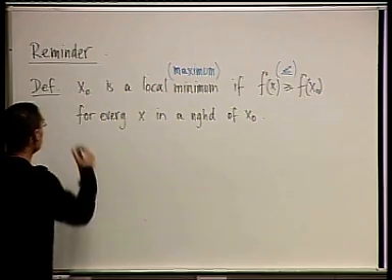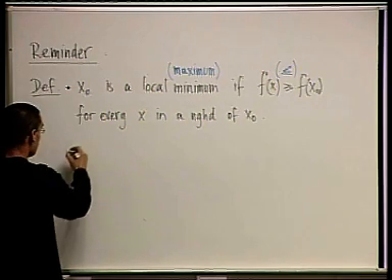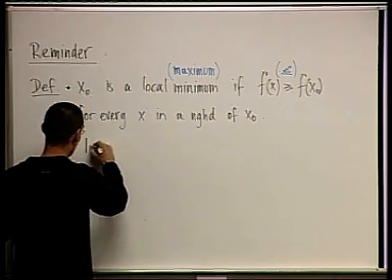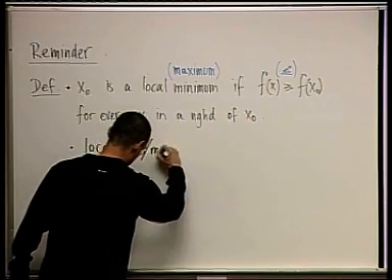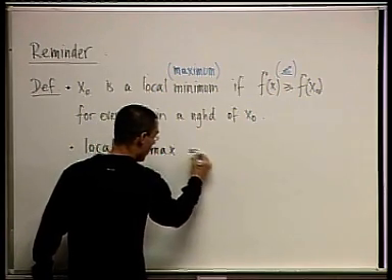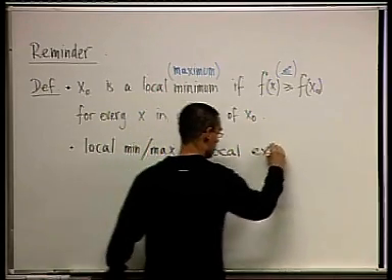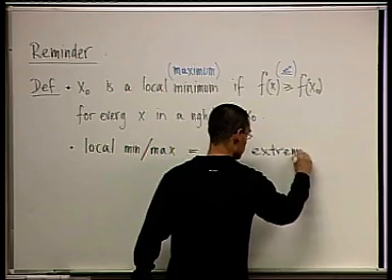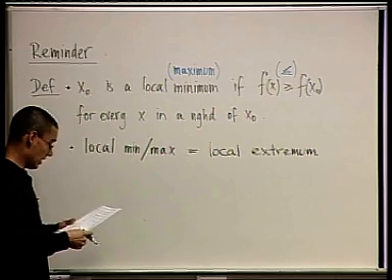So these are the two definitions of local minimum and local maximum, and a local minimum or a local maximum are called local extremum. Okay, so that's the definition.